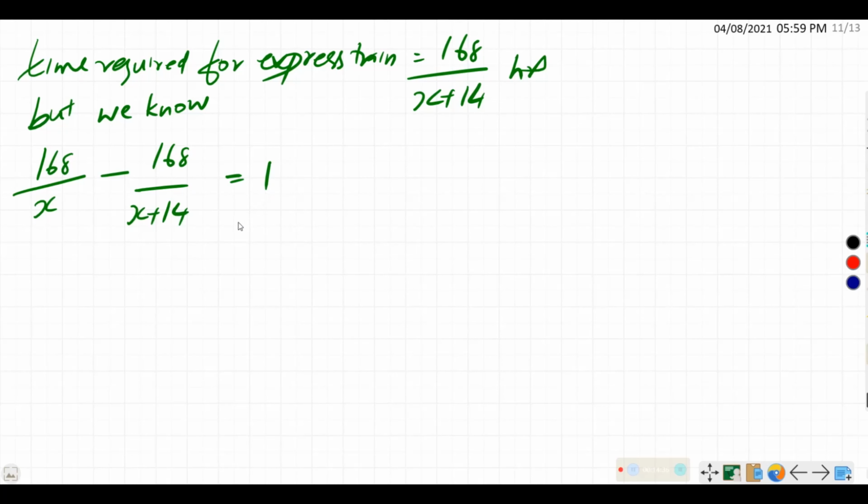Now in this case, because this is given in the question, the difference between the time taken. Now we know that only x is the unknown quantity. We will try to create an equation using this x. We will take the LCM of the denominator, x into x plus 14, and in the numerator we will write 168x, plus 168 into 14.